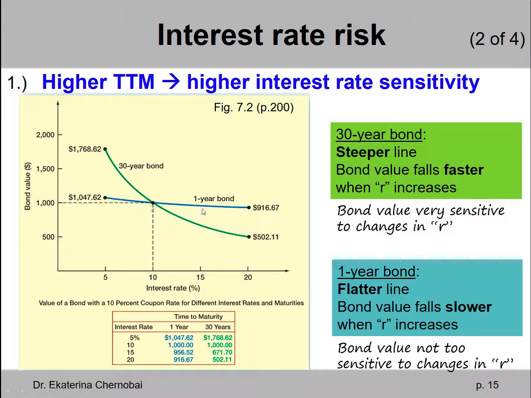Whereas the 1-year bond with a flatter line has little fluctuations in bond value when the interest rate is changed, right? There's almost no effect on the bond value. It's always around $1,000 on this figure, even if we double or triple the interest rate. So make it from not 5% but 10% or 15%, right? The bond value is still very close to $1,000. So very small drop in bond value.